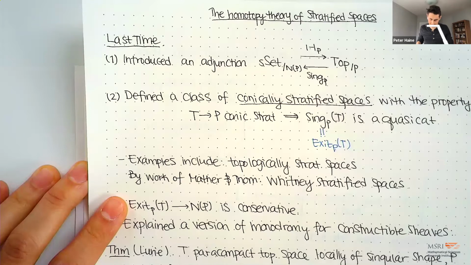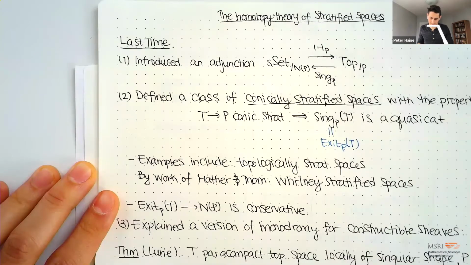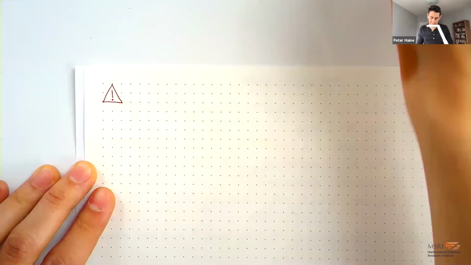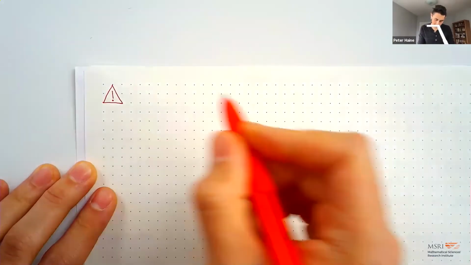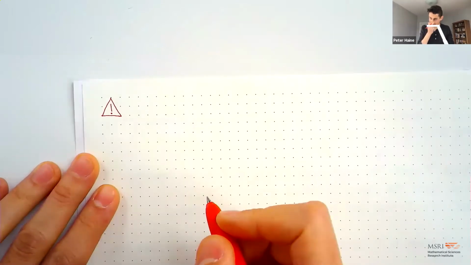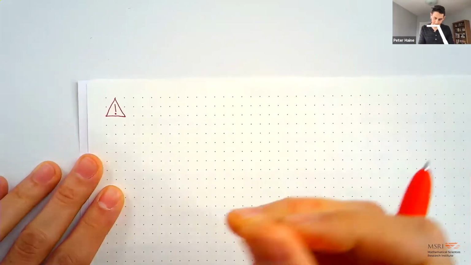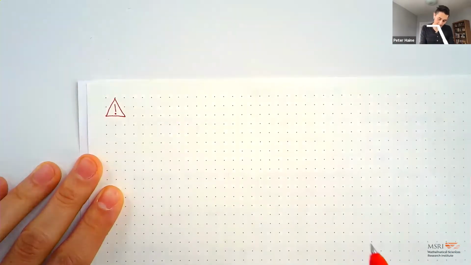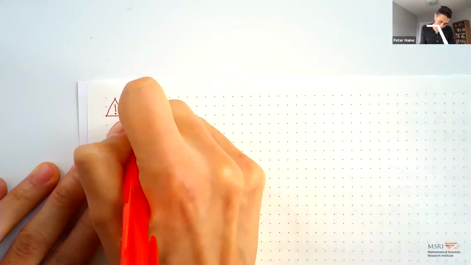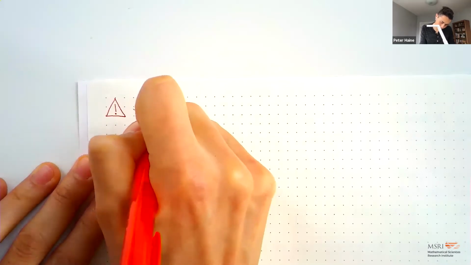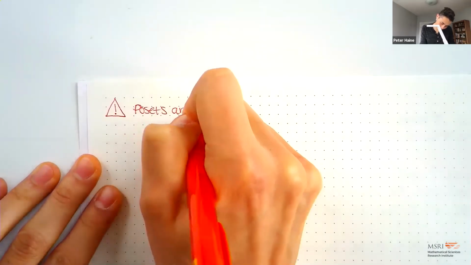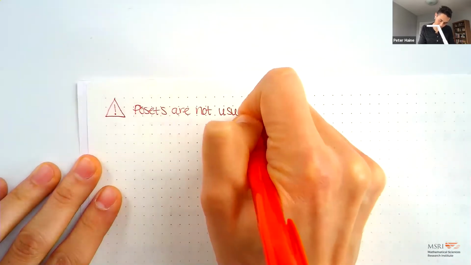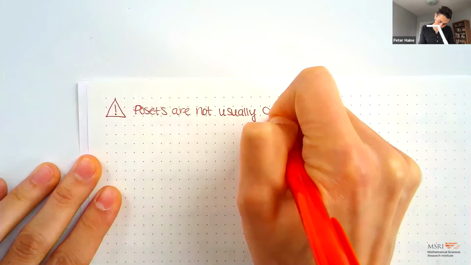But there are a few things that I thought about a little bit that are slightly cumbersome. So the first thing to note is that posets provide an example of something that's not usually conically stratified. Posets are basically never conically stratified.